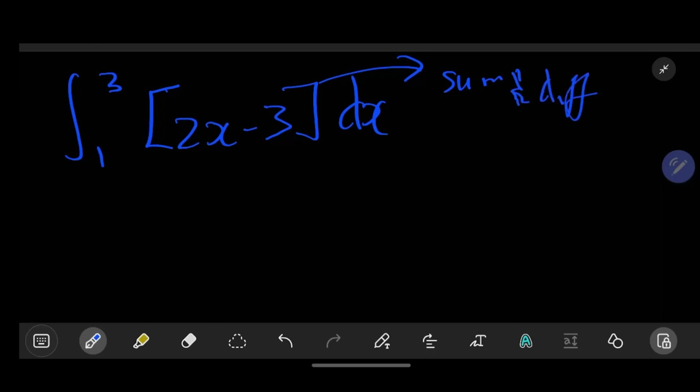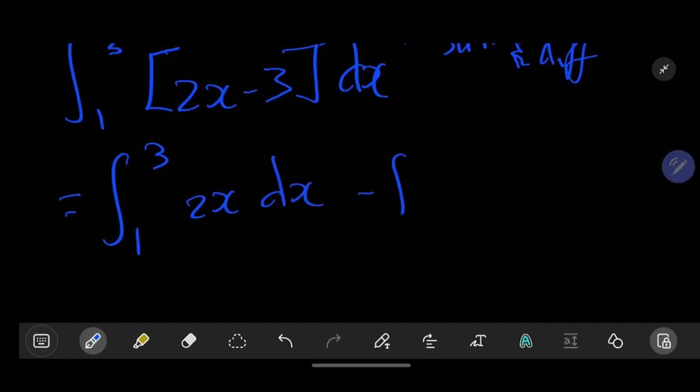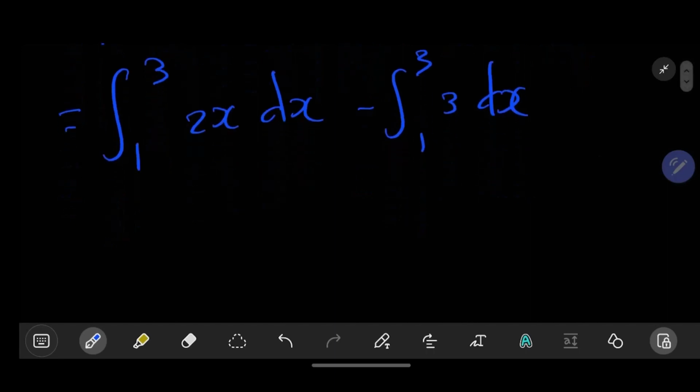So just go back and have a look at that. What we can do here is rewrite this as the integral from 1 to 3 of 2x dx minus the integral from 1 to 3 of 3 dx. Taking this forward, we know we can use the multiplication and the power rule here.